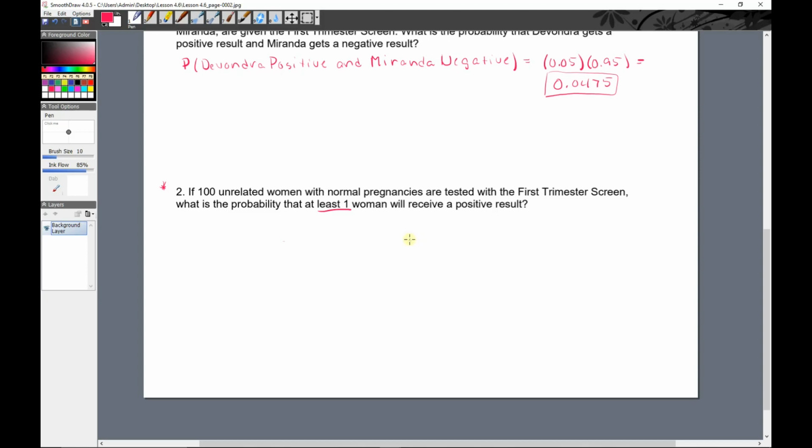Yeah, no. Let's just say the probability of at least one positive is equal to 1 minus the probability that there are no positives.